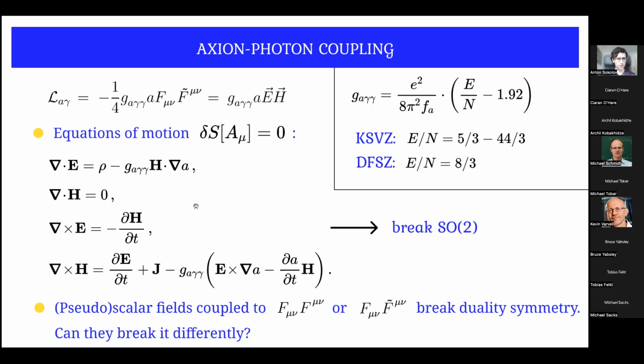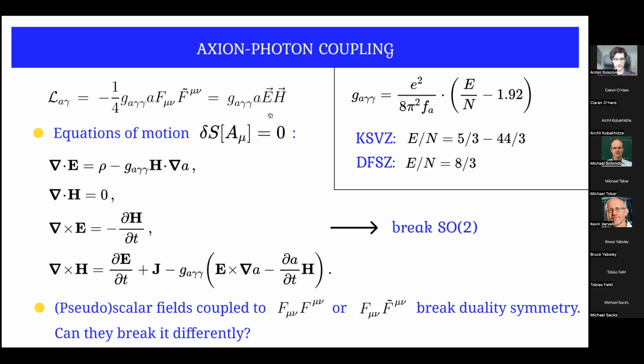If we now even simply exchange electric and magnetic fields in this equation, we see that they are obviously not symmetric with respect to such an interchange. Really, this kind of coupling of the axion to the electromagnetic field chooses some particular direction in the electric-magnetic plane and breaks the symmetry in a particular way.